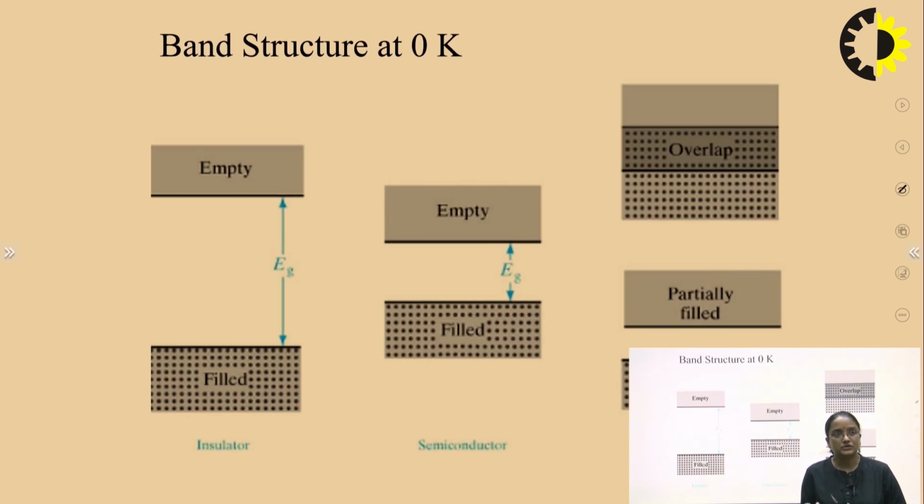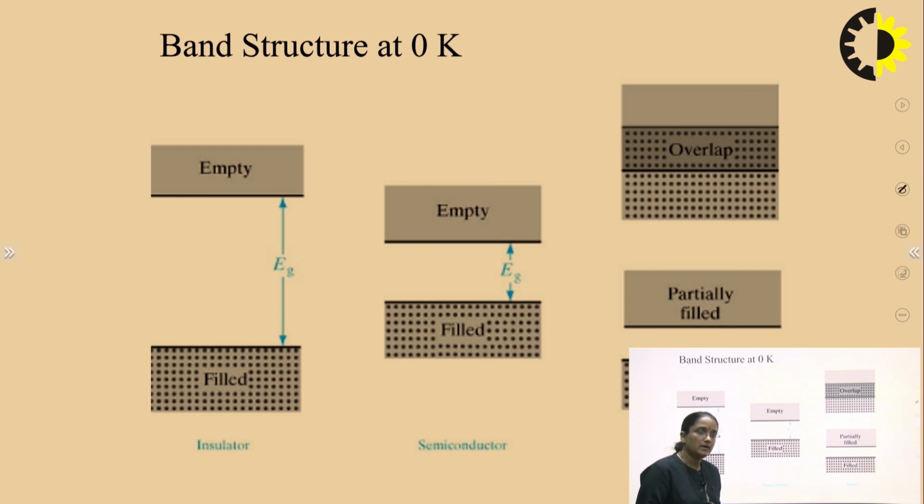This is the band structure of the three types: insulators, semiconductors, and metals, or conductors. In case of metals, the energy band gap is 0, the conduction band and the valence band overlap with each other, and because of this overlapping the energy gap between the conduction band and the valence band is 0.